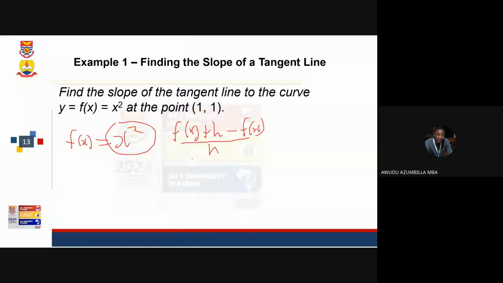Those of you who have differentiated before, when you differentiate x squared, what will you get?